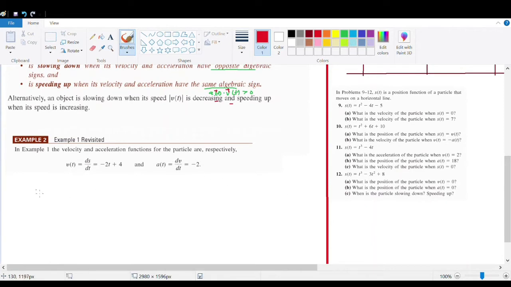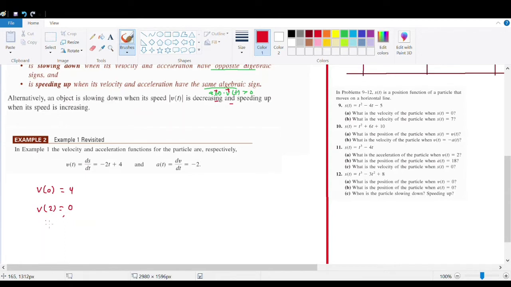Now if we evaluate v(0), that gives us minus 2 multiplied by 0 plus 4, which is 4. And if we also evaluate v(2), this gives us minus 2 multiplied by 2, which is minus 4, plus 4, which is 0.